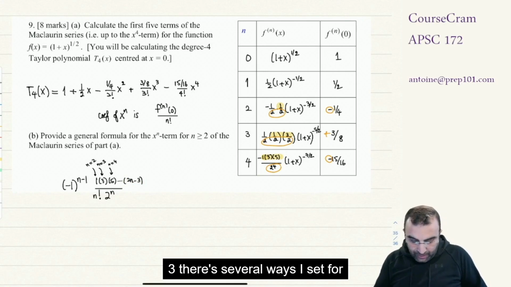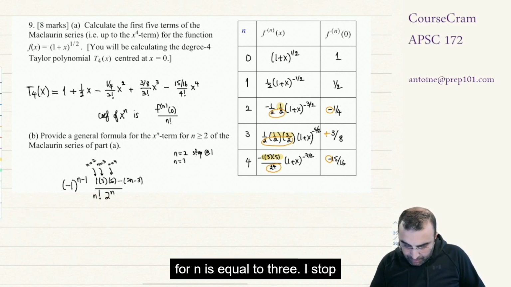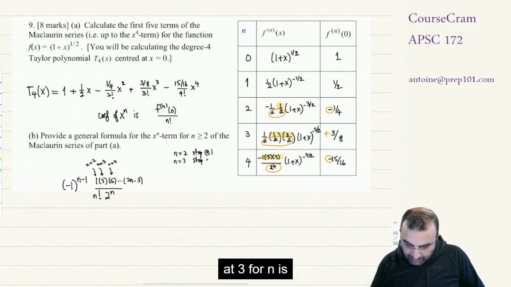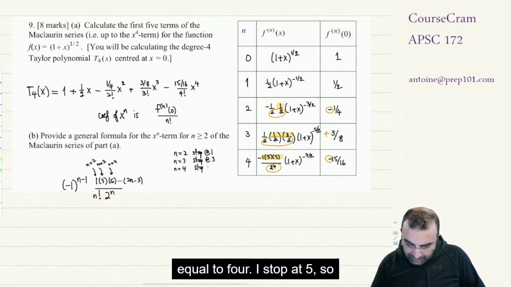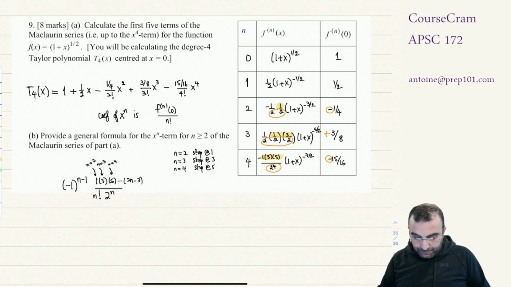Now again, how did I come up with 2n minus 3? There's several ways. For n equal to 2, I stop at 1. For n equal to 3, I stop at 3. For n equal to 4, I stop at 5. So maybe get two points of these and find the equation of the line.